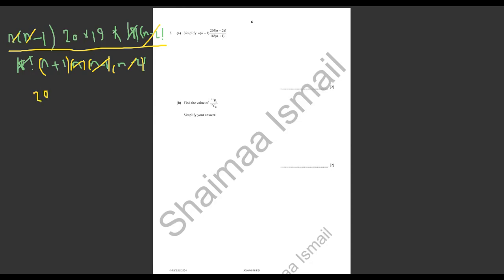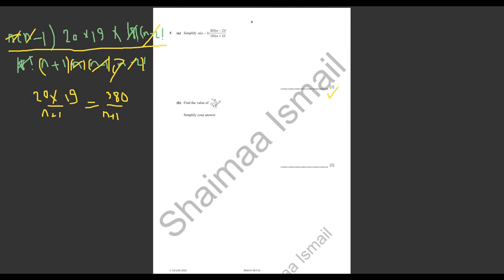Remaining in the numerator is 20 multiplied by 19, divided by n plus 1. So 20 times 19 is 400 take away 20, so 380 over n plus 1. We did it.